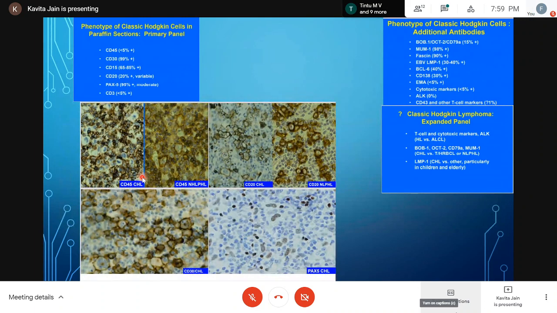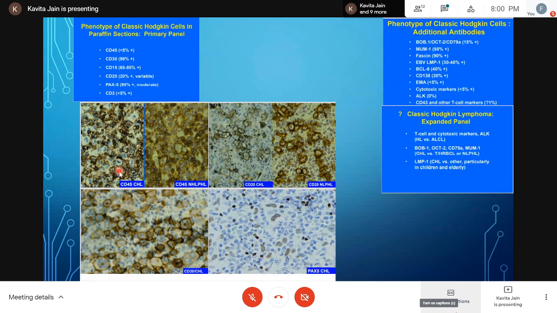If we compare classical Hodgkin's lymphoma and nodular lymphocyte predominant Hodgkin's lymphoma, CD45 is most of the times difficult to interpret, because it has been seen that the antibody can leak from the surrounding milieu and show false positivity of the large cells.